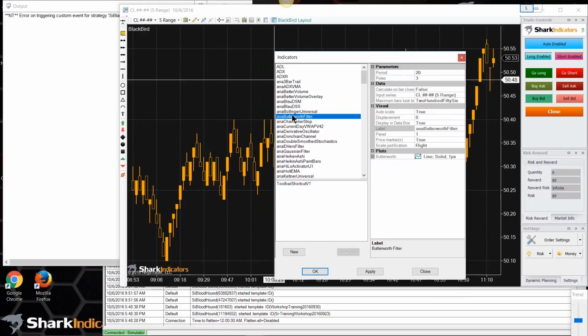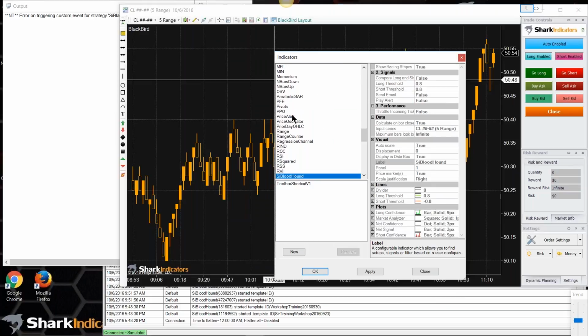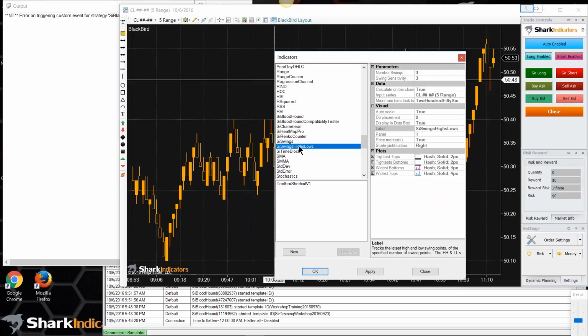So with Shark indicators, a couple of indicators are included for free. So we have this swings highs lows indicator that we've included for free. And what it does is it tracks swing points here.